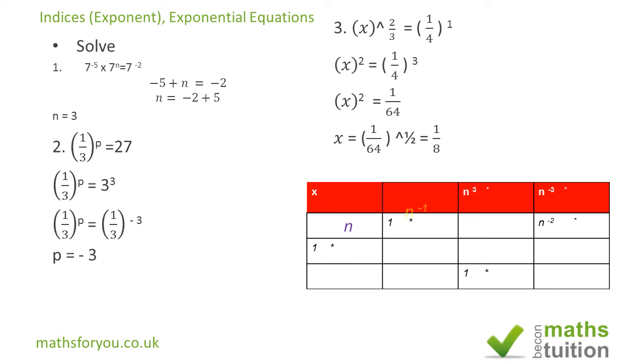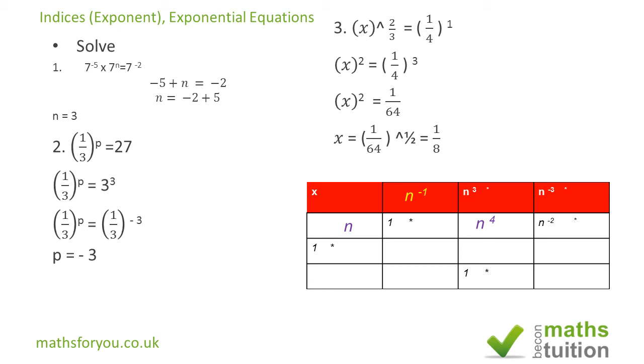And of course, the expression is going to be n to the power minus 1, because 1 minus 1 is 0. So n to the power 0 is 1. So having got n here, n times n to the power 3 will give us n to the power 4, and that's that row finished now.